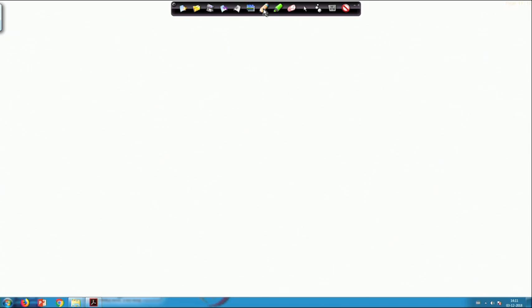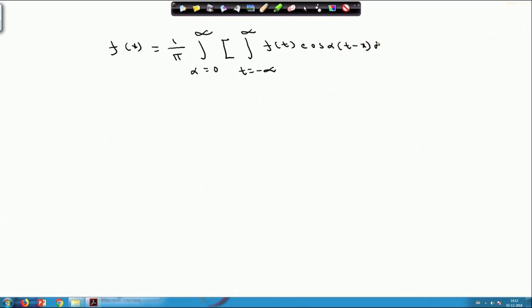By the Fourier integral formula, we can write f(x) equals 1 by pi, integral over alpha from 0 to infinity, integral over t from minus infinity to infinity of f(t) cos of alpha into (t minus x) dt d alpha.